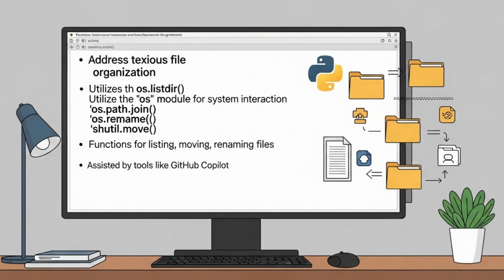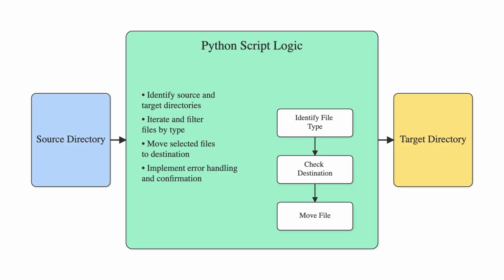Think about how often you manually drag and drop files. With a few lines of Python, you can automate this entire process. We'll even see how tools like GitHub Copilot can assist, making these operations even quicker to implement. It's about understanding the logic of file system operations and translating that into code, turning hours of manual work into seconds of execution.